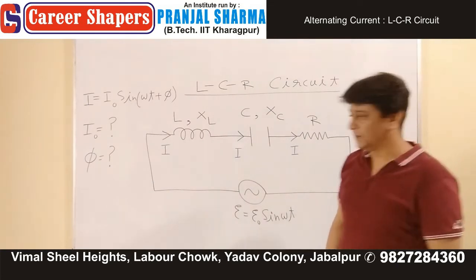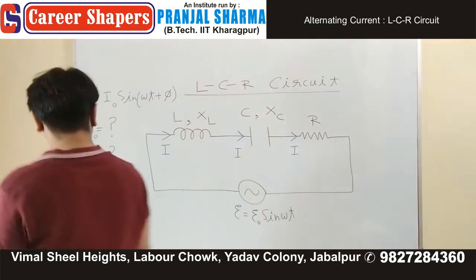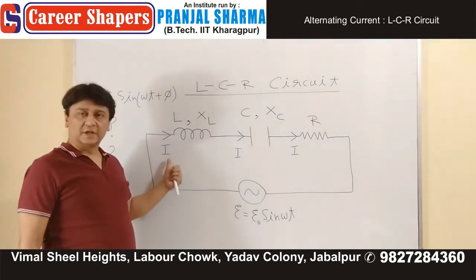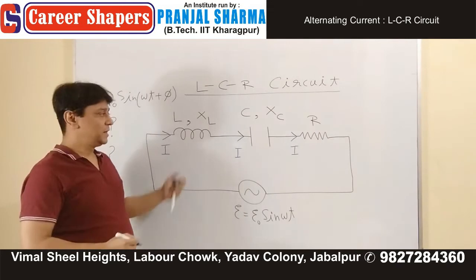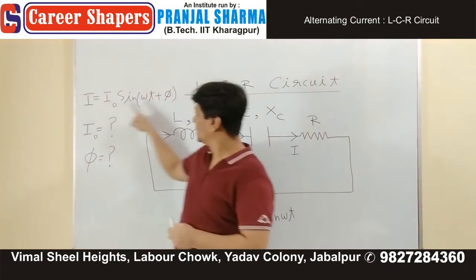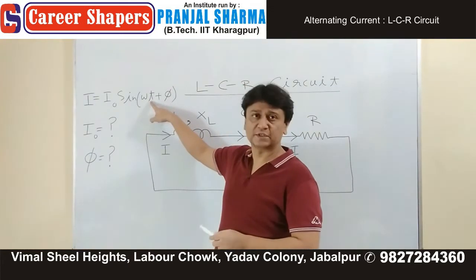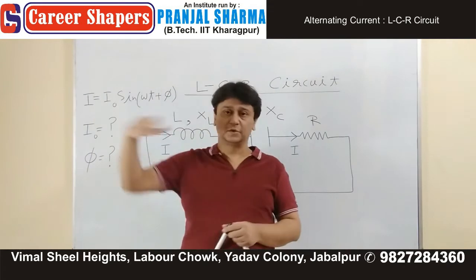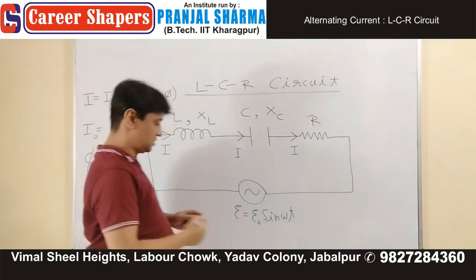Now, let's see how we can handle this. What is I? I told you I is the instantaneous value. Instantaneous means at time t, the current is I. This will keep on changing.